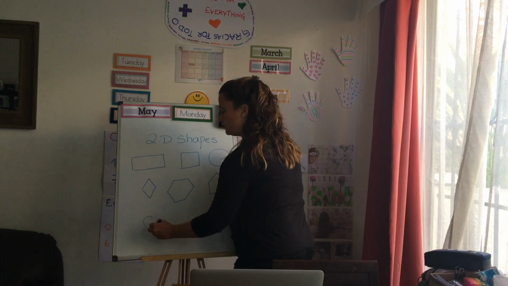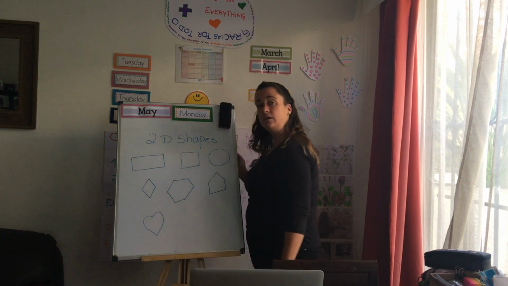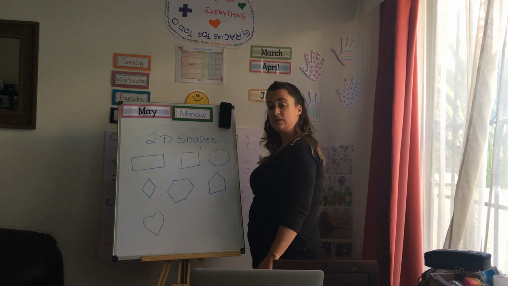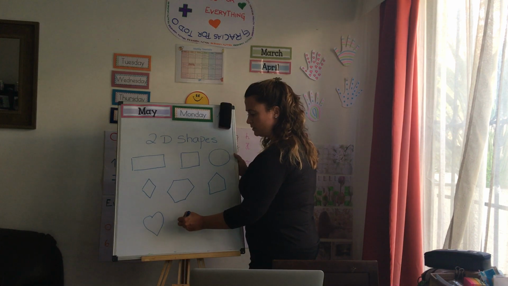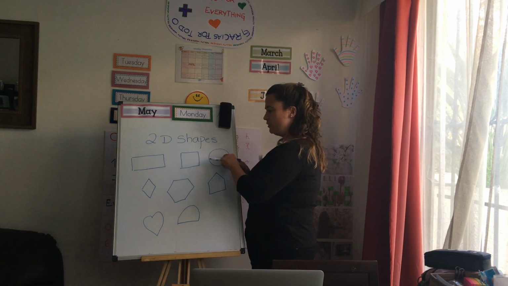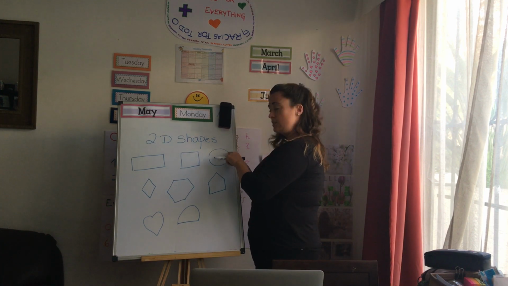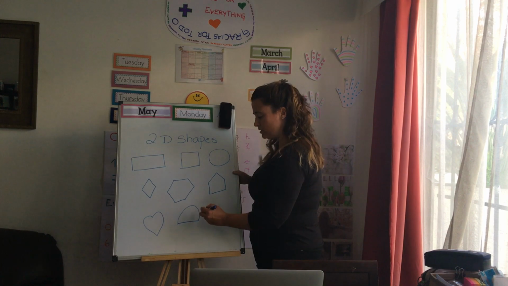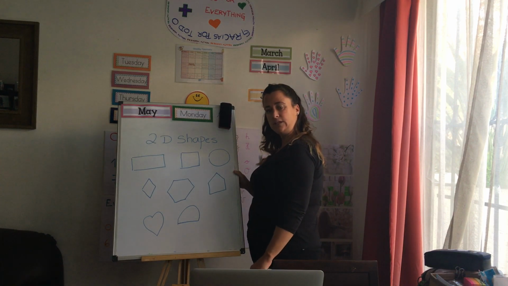What about this one? It's a heart shape, of course. That's an easy one, isn't it? What about this one? Half of one of these. This is a circle. This is a semicircle. Good one. Excellent.